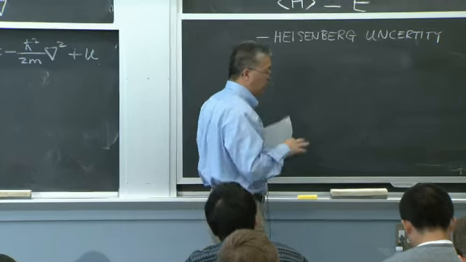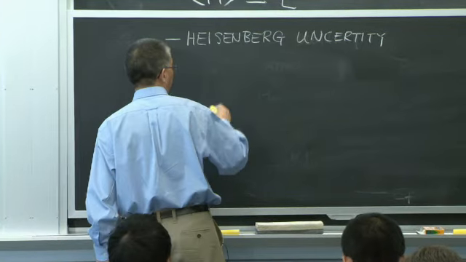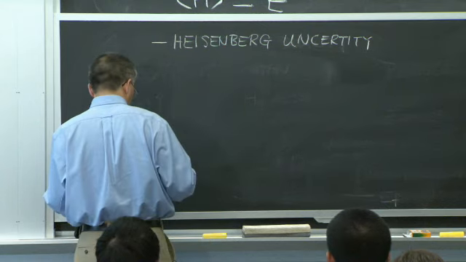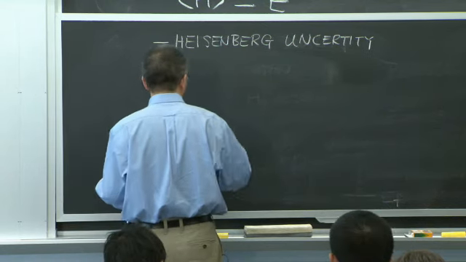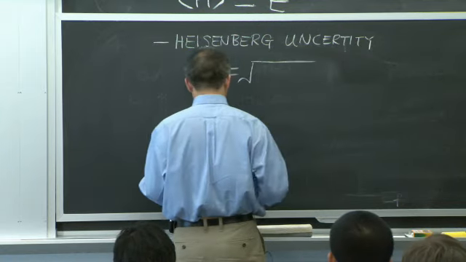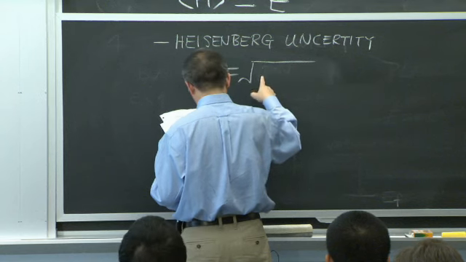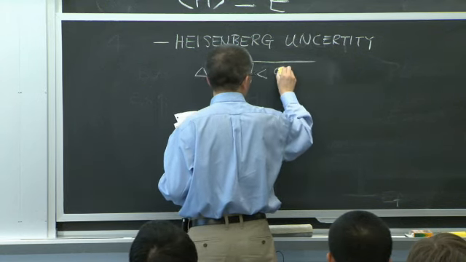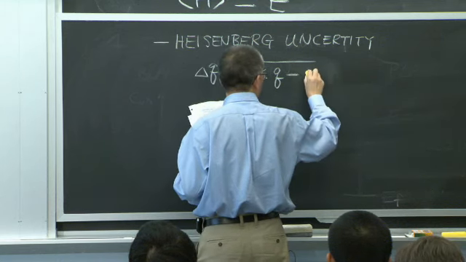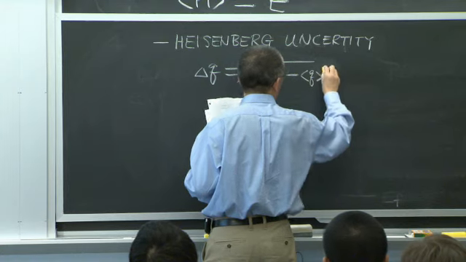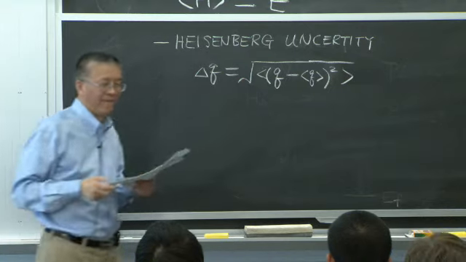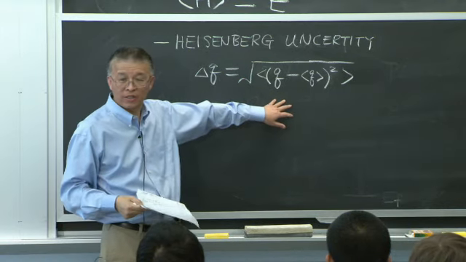Any value has its spread, the expectation and the standard deviation. So if we define the standard deviation, delta Q equals the square root of the expectation value of Q, that's the operator, remember, minus the expectation value, squared. That's how we define standard deviation.